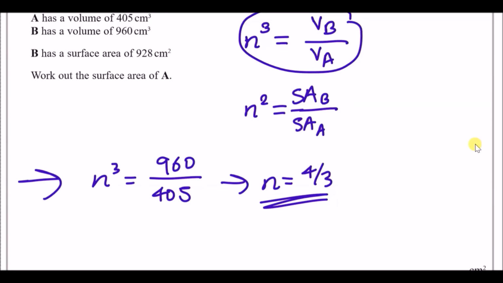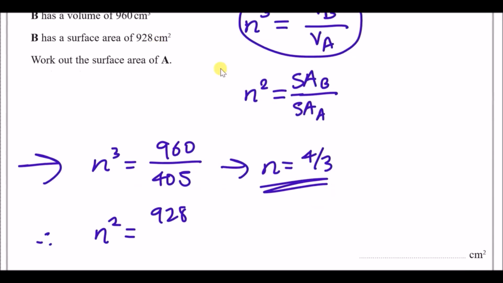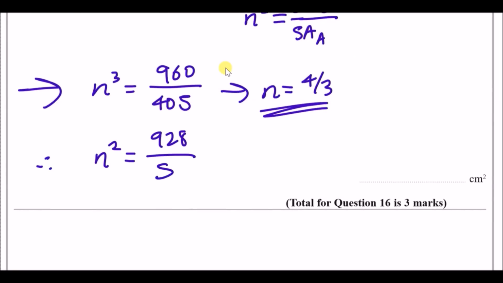Now therefore, if you've got this scale factor, we can figure out the surface area of A, because we have the surface area of B, which is 928. So from the second equation, n squared equals the surface area of B, which is 928, over the surface area of A. And remember, we know what n squared is. It's 4 over 3 squared.